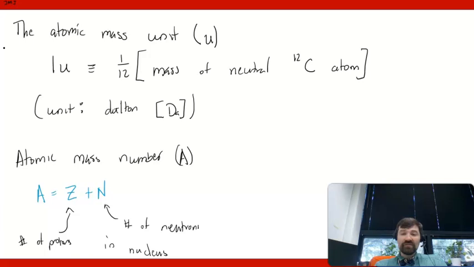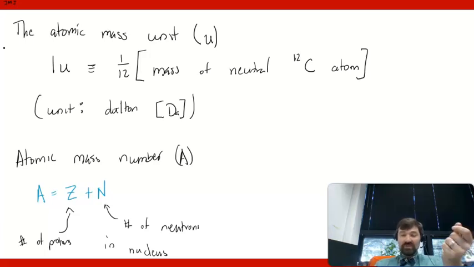It could be having 5 of each. It could be having 4 protons and 6 neutrons. All of those should give you different masses. So in and of itself, just knowing the atomic mass number doesn't necessarily mean you're going to know the total mass.